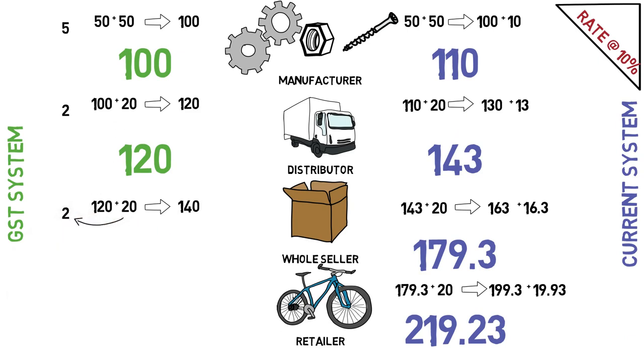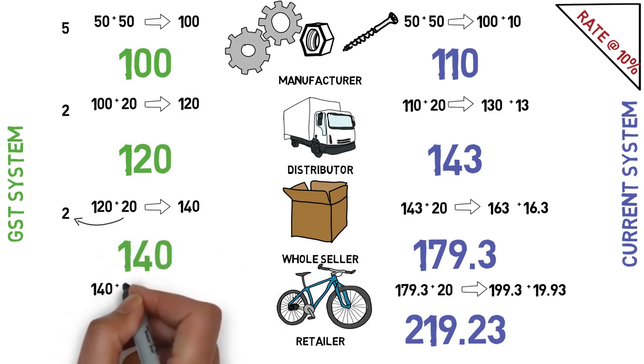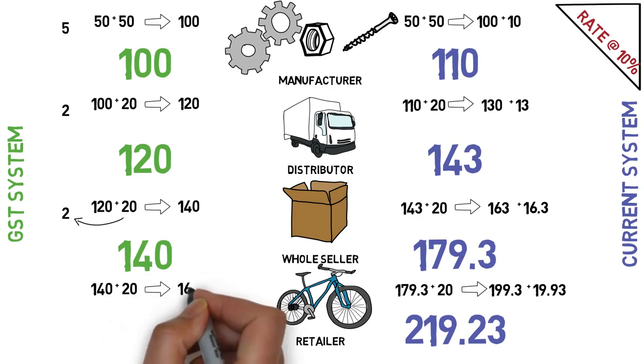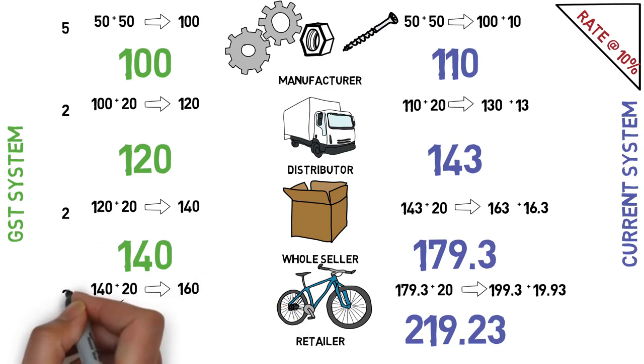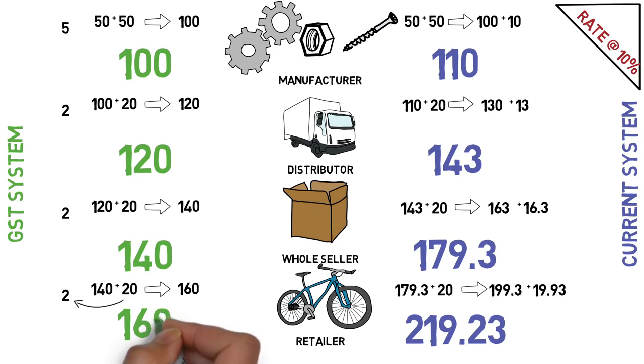The retailer buys the product for 140 rupees, adds a profit of 20 rupees, pays taxes of 2 rupees on his profit of 20 rupees and raises the final consumer price to 160 rupees.